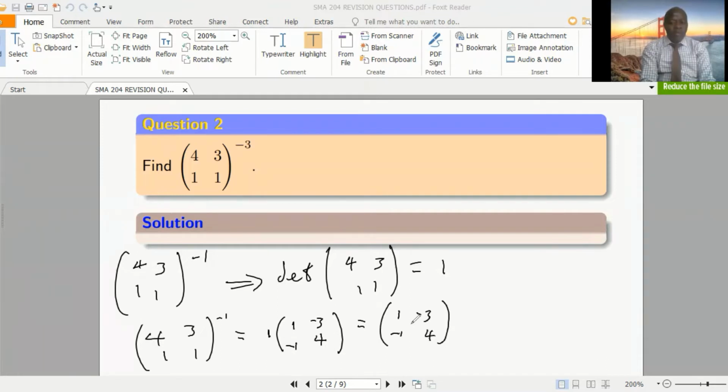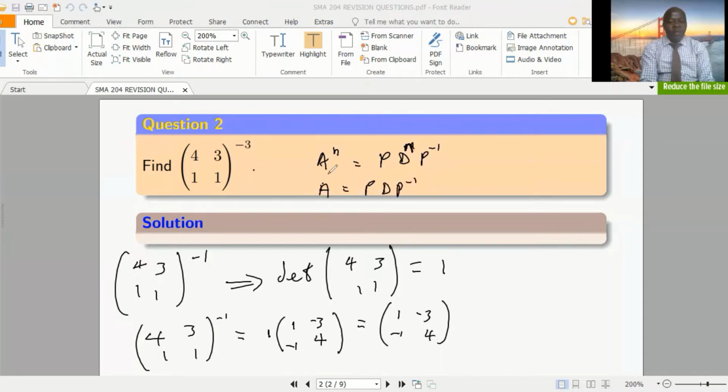Now, if you don't want to do that, supposing the power here was too big, then you would first of all discover that matrix A raised to n would be P D raised to n multiplied by P inverse. We get this from the previous question, because in the previous question you said that A was given by P D P inverse.